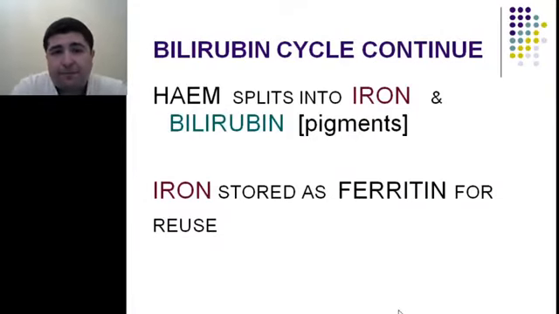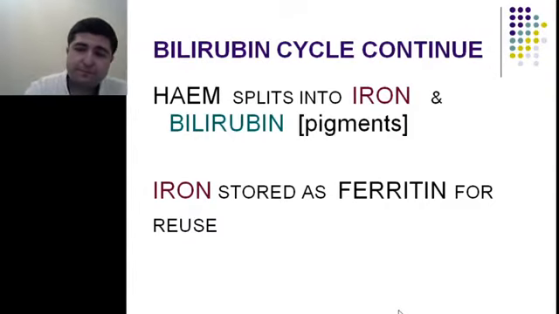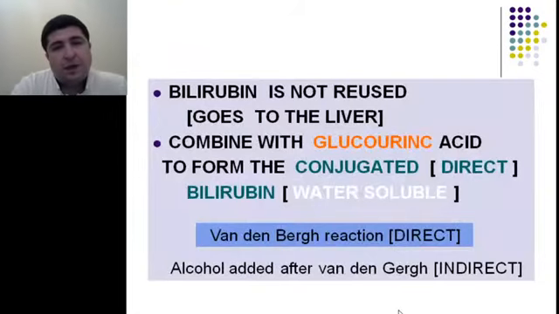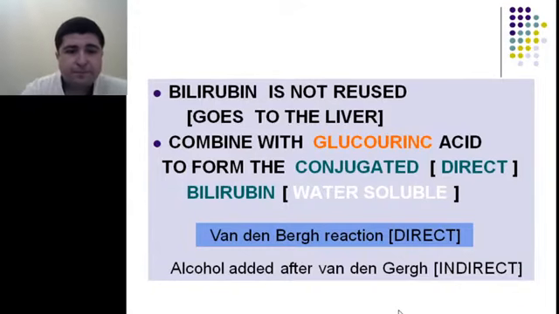Heme splits into iron and bilirubin. Iron is stored as ferritin. Bilirubin goes to the liver and combines with glucuronic acid to form conjugated direct bilirubin, which is water-soluble.